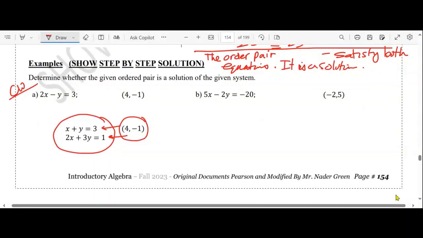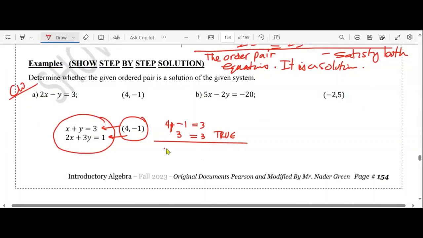And tell me, is it a solution or not a solution?